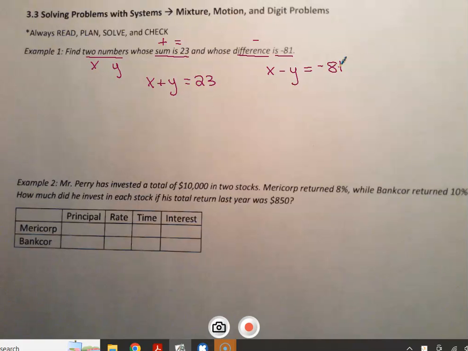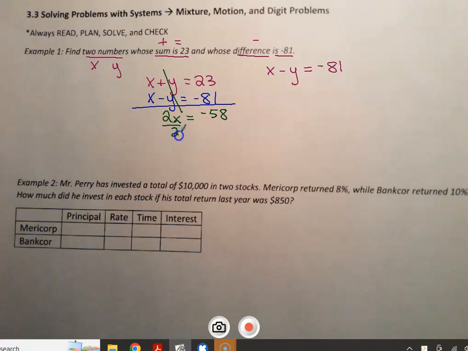If I bring them together, like if I bring this one here, x minus y equals negative 81, we would see that our y's would cancel. So our y's cancel, and we're left with 2x equals 23 minus 81, which is negative 58.